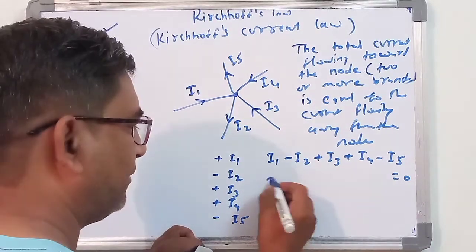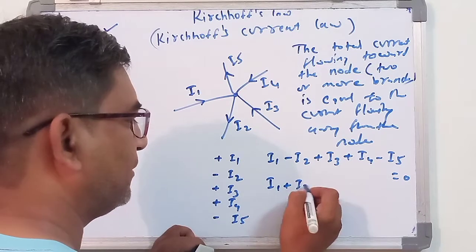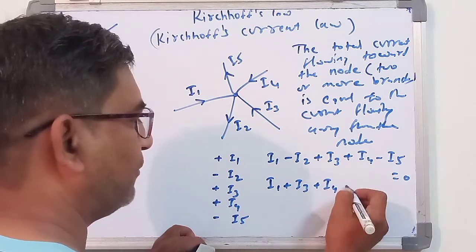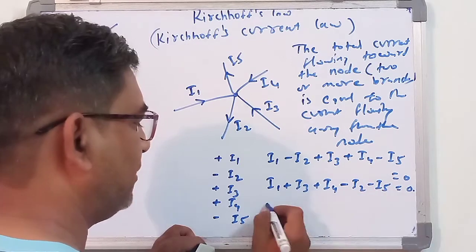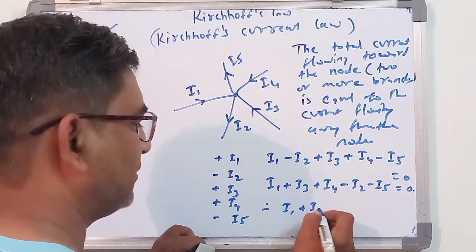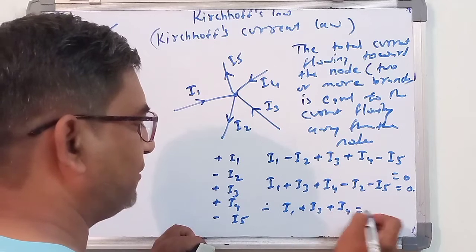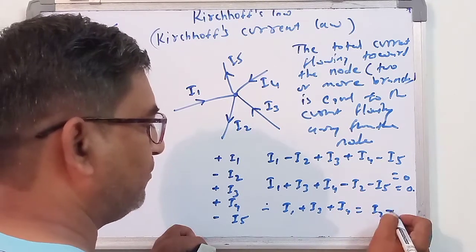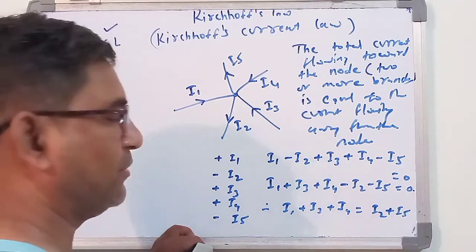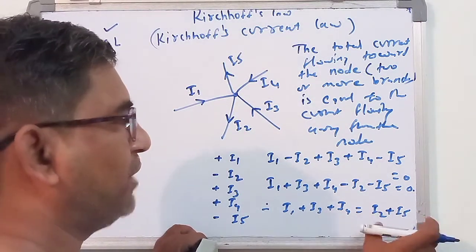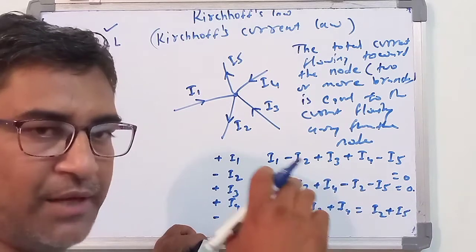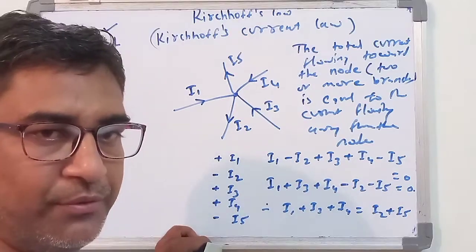So I1 plus I3 plus I4 minus I2 minus I5 is equal to 0. Therefore, I1 plus I3 plus I4 is equal to I2 plus I5. In this way, the incoming current is equal to the outgoing current that is away from the node.